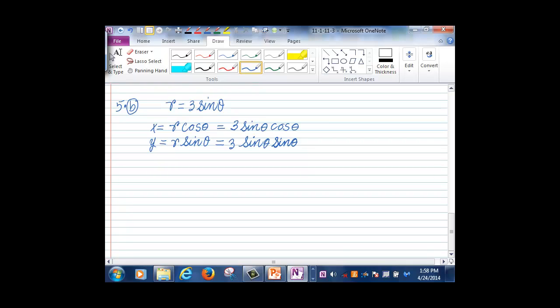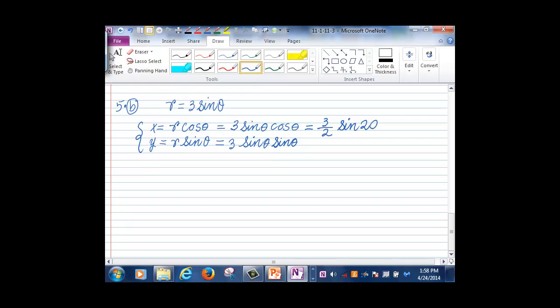Okay, and then you need to take the derivative of x and y with respect to theta. You can take the derivative right now by using the product rule if you want to, but I am a bit lazy about it, so I'm going to first of all apply an identity to simplify x and y. So x can be expressed as 3 divided by 2 of sine 2 theta.